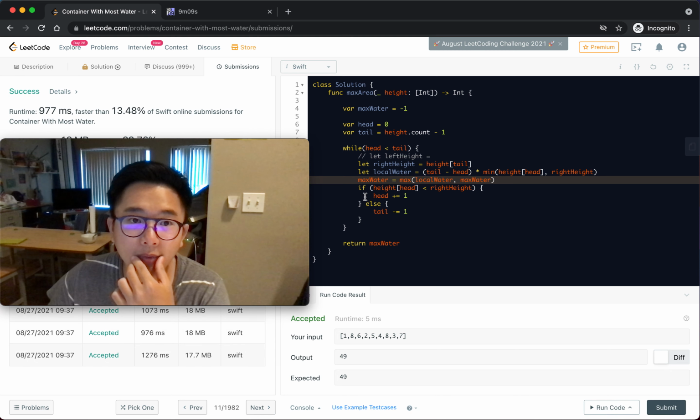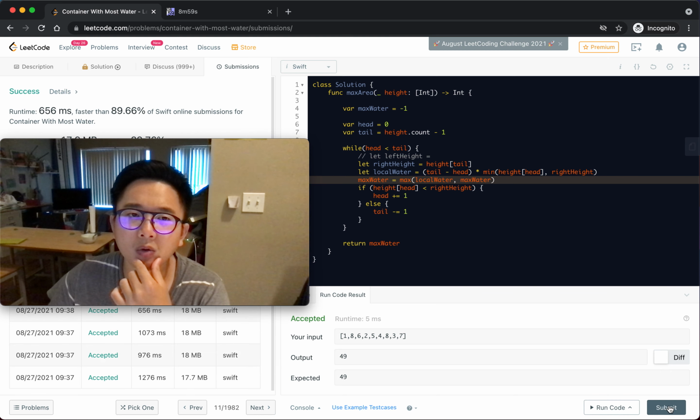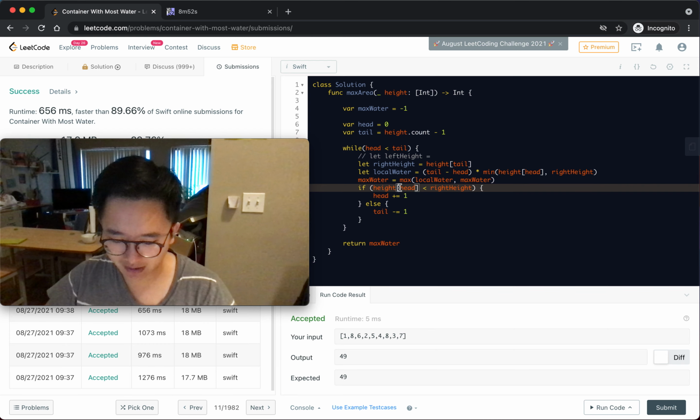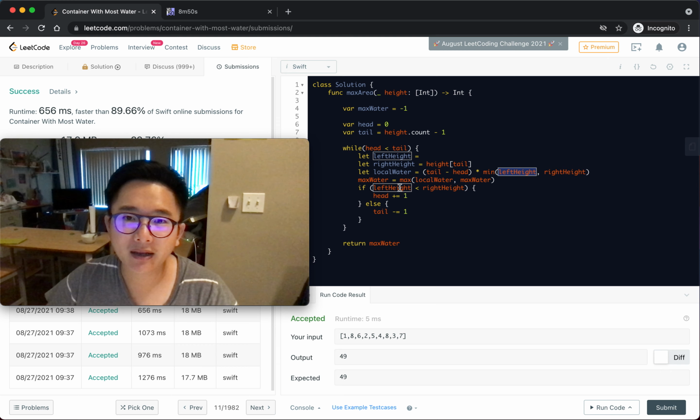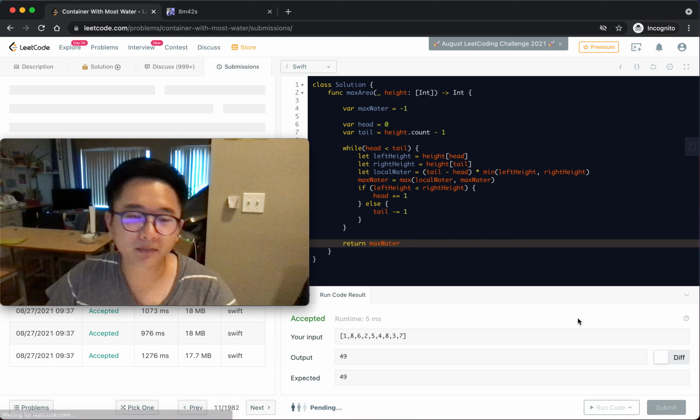Let's get rid of one more. Oh, now it got back to normal. Now it's 80. This is too random, so I'll just change it back. Tail minus head. I think this is as best as I can get already.